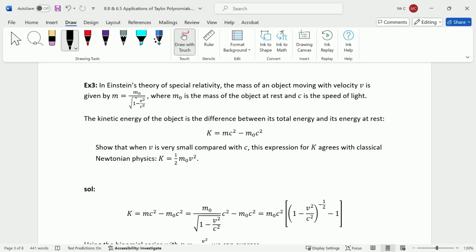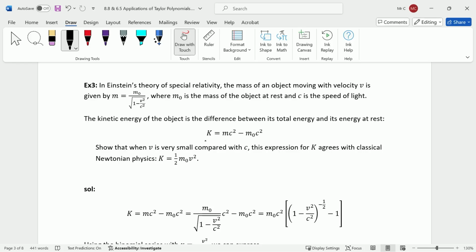So what we're going to look at here is how this compares with Newton's physics and its treatment of mass. The kinetic energy of the object is the difference between its total energy and its energy at rest.